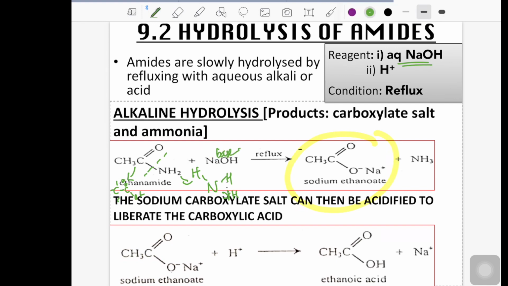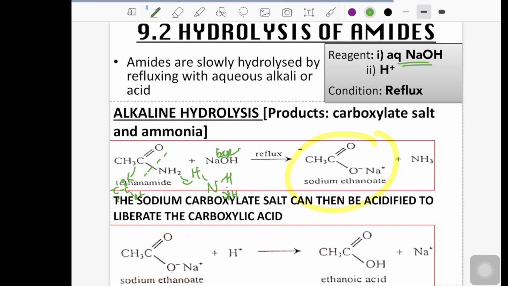So you can see that my acid that I formed will immediately be converted into a salt, because acid plus base, you get a salt. The salt is a sodium ethanoate salt. So this can be a sodium carboxylate salt, as long as you draw the right starting materials.